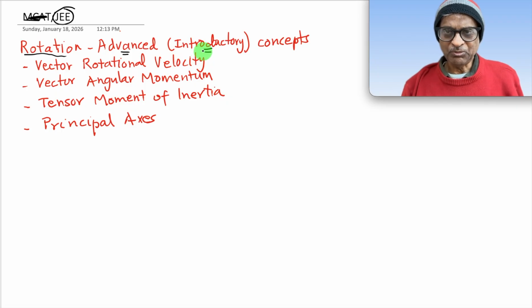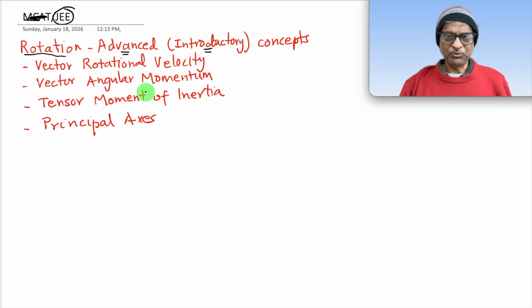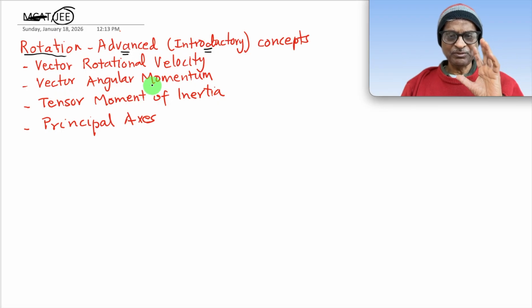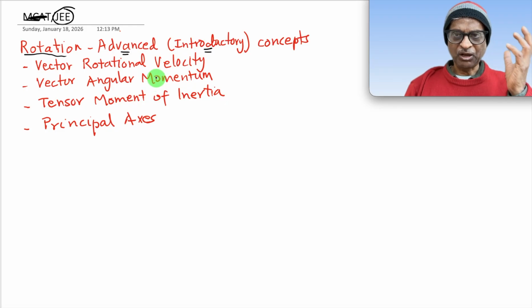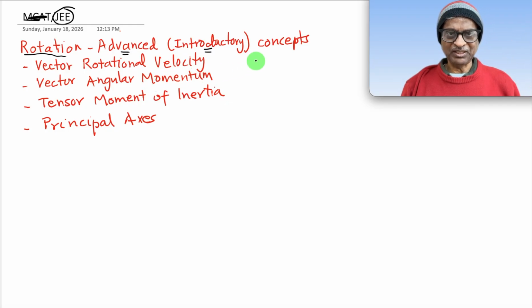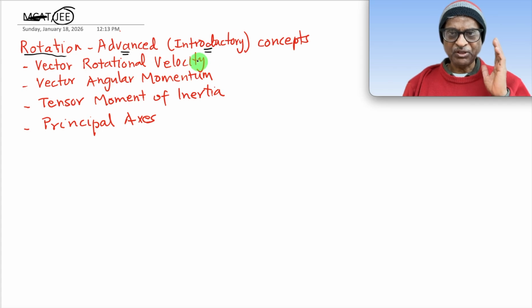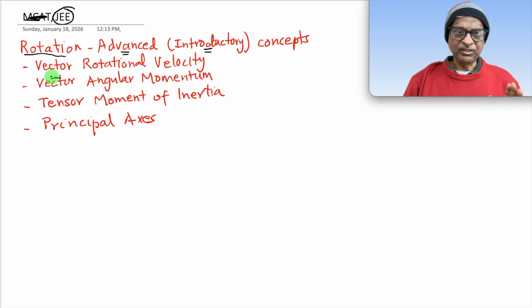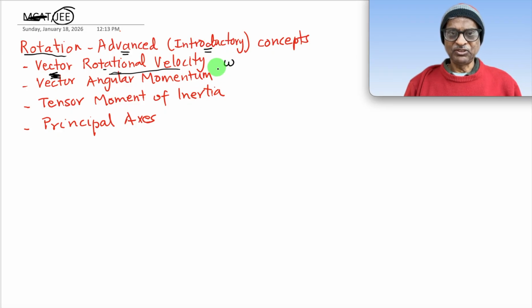Probably I'm mostly going to talk about concepts before I do problems, because the problems in this domain are not accessible unless you're thinking with a proper mathematical framework. The proper framework is thinking in terms of vectors. Like rotational velocity, you've used the letter omega, and this is a scalar thing, but we would want to think of this as a vector quantity.